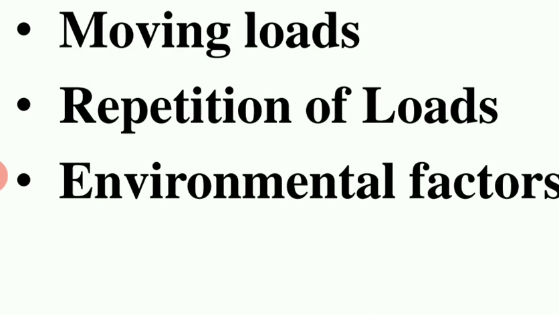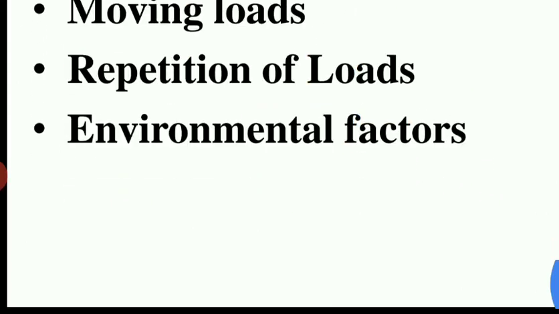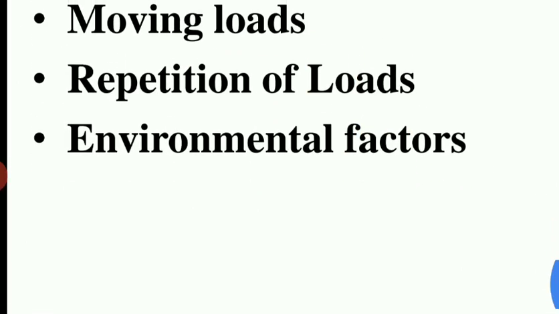And coming to the next factor, that is the environmental factor. Environmental factors affect the performance of the pavements and cause various damages, such as heavy rains, and erosion can take place if we have not provided a proper sloping area on the pavement layers.